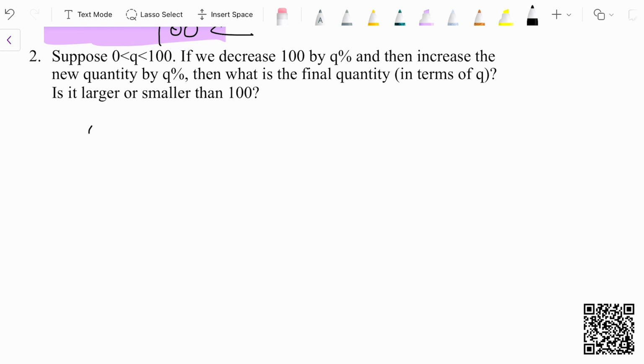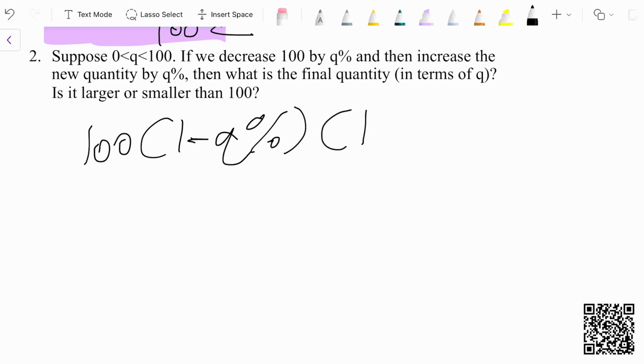So if we decrease 100 by q% first, and then we increase the new quantity by q%, you can see this is basically the same equation, just swapped up a little bit.